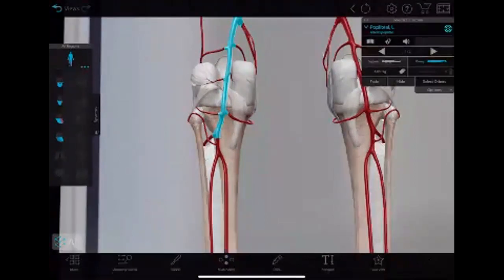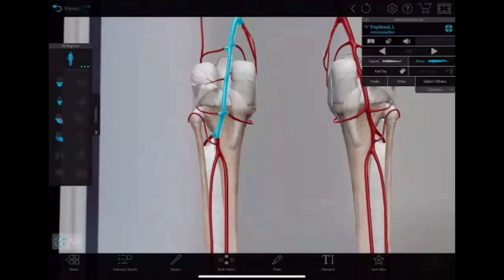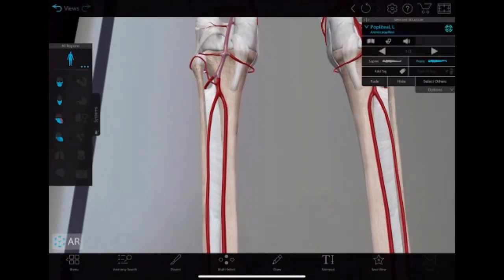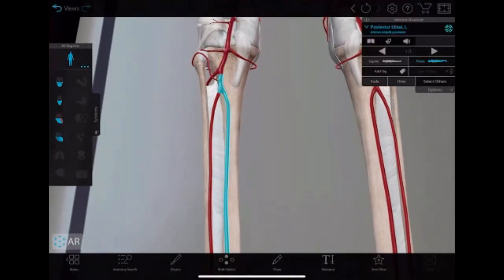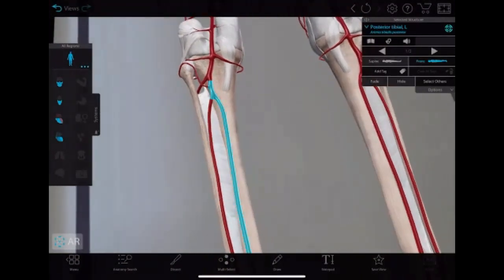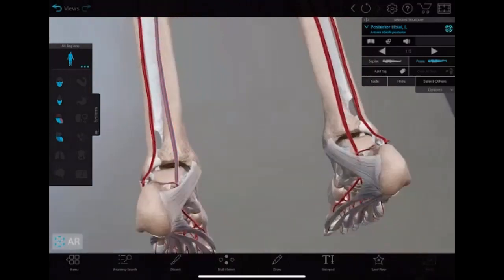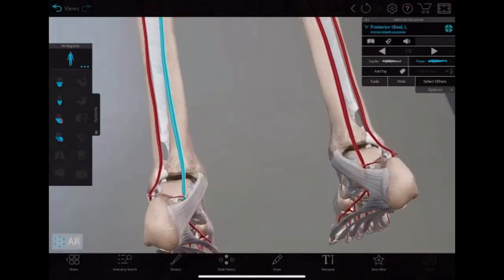it divides into, it is known as the common tibial artery. The common tibial artery again divides into the posterior tibial artery and anterior tibial artery. The posterior tibial artery again gives a branch to the fibular artery.